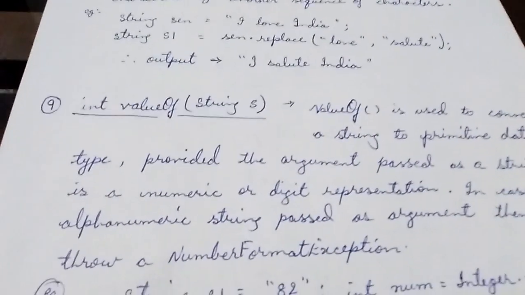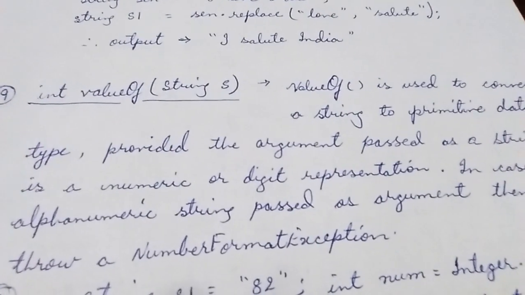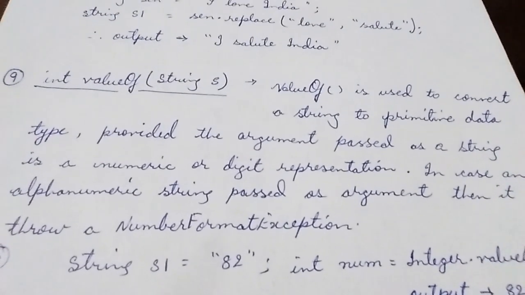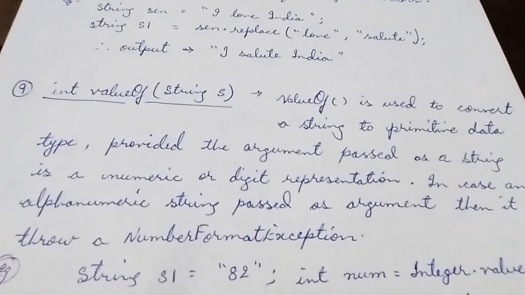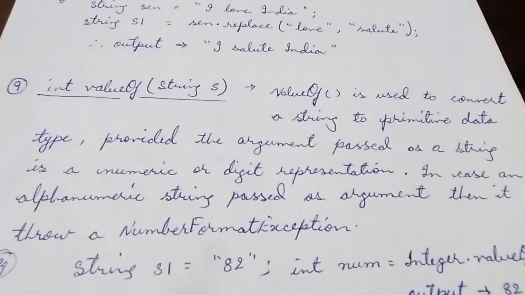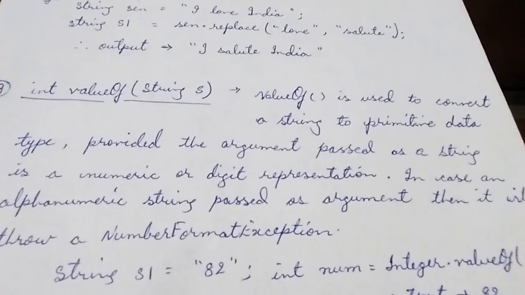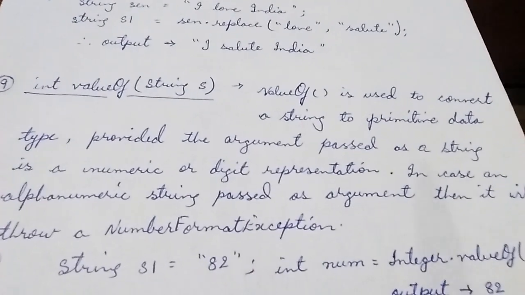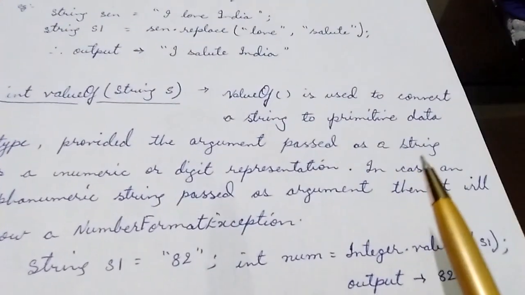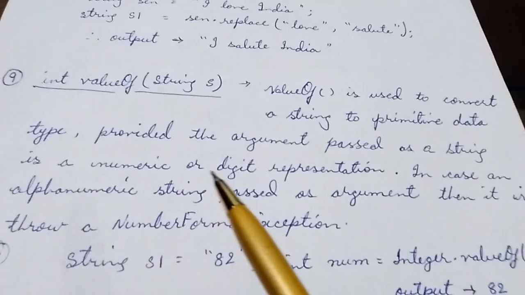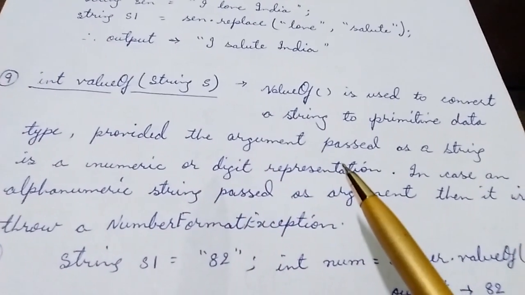We see another function, that is int valueOf. This function we have seen earlier also, and the valueOf function is used to convert a string to a primitive data type, provided that the argument passed as a string is a numeric or a digit representation.